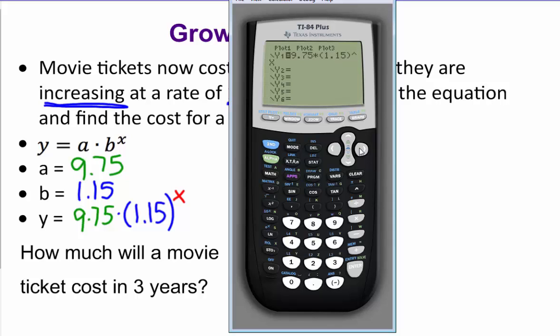That is how you raise an exponent. So you can put it into your y equals, and then you can look at the table. If we go to the table, we can see that when x is equal to 3, y equals 14.82.